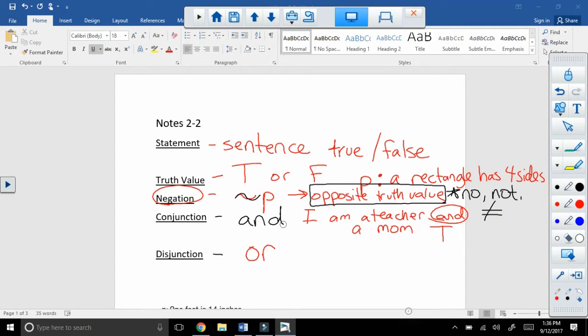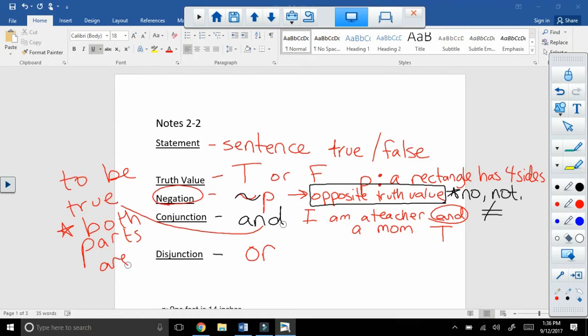If I were to tell you that I'm a teacher and an astronaut, that's probably pretty obvious that that is a false statement because I'm not both. So in order for an and statement to be true, you actually have to have both parts true. So I'll just write both parts are true.